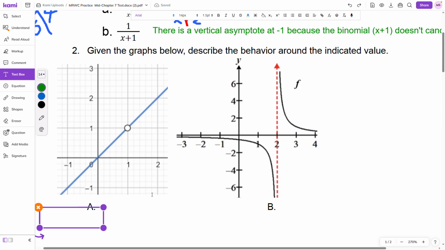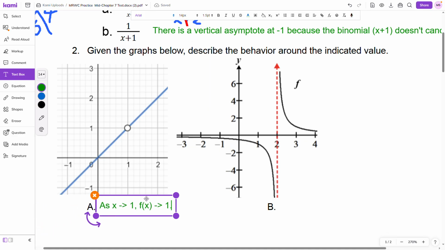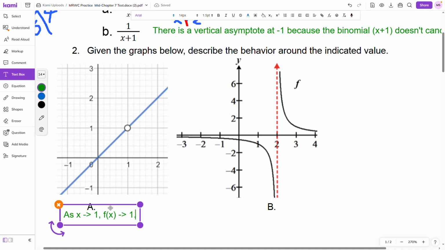I would just say, as x approaches 1, that's an arrow, not a minus greater than, f of x also approaches 1. And it's the same from both sides, so I'm not going to say positive, negative, left, right. So there's nothing very profound here. It's not supposed to be difficult. It is what it is.